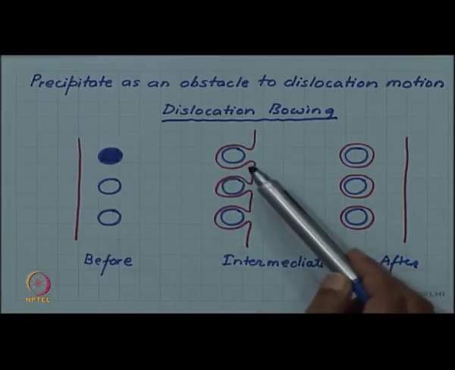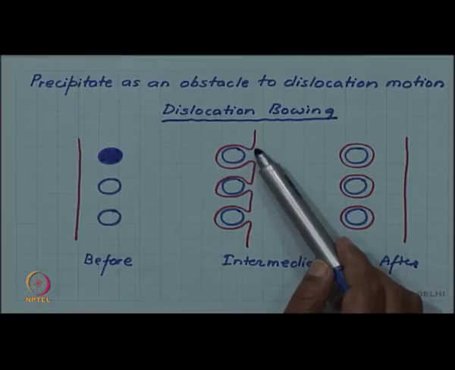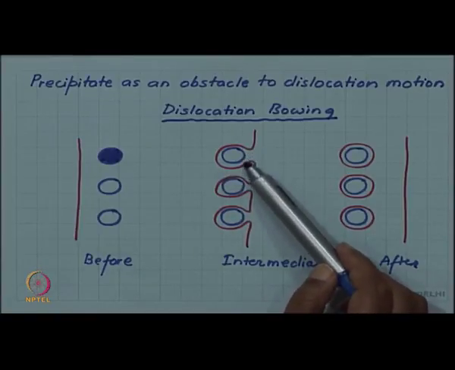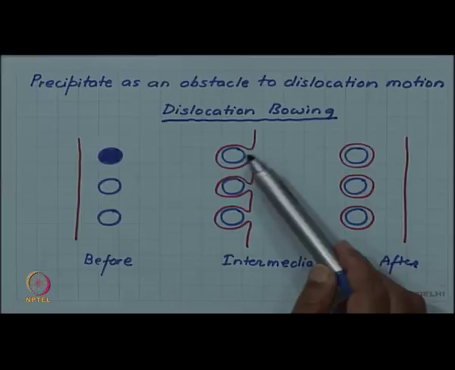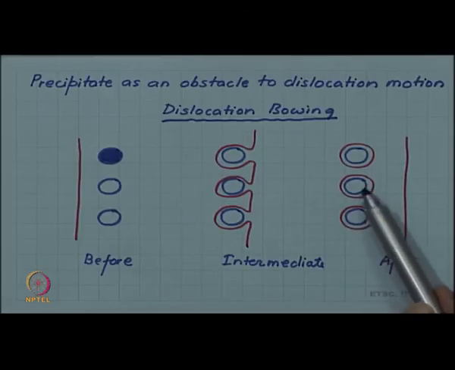And as it is bowing around the precipitate, on the other side of the precipitate, two ends of this loop will start coming close together, and they are of opposite sign. So, when they come close together, finally they will join and form a loop.